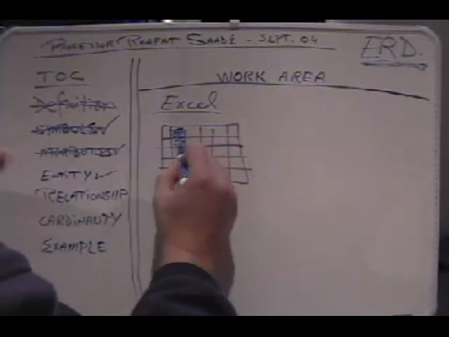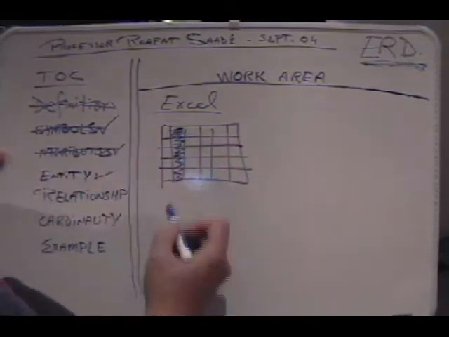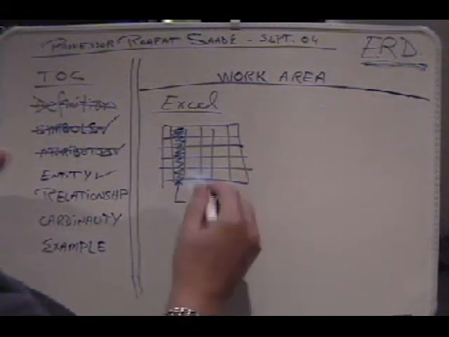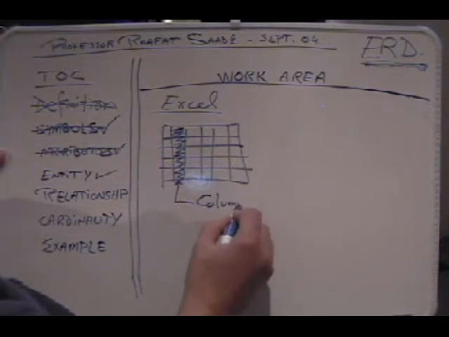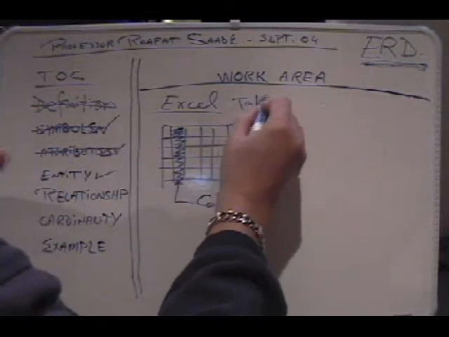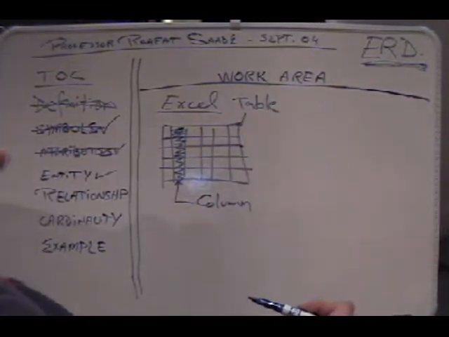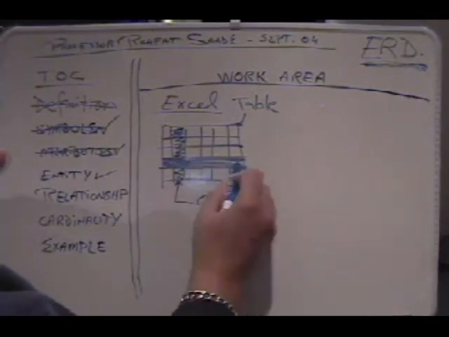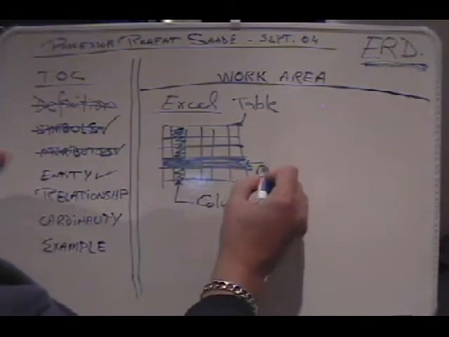A column in Excel is called a column in a table. This table is called a table. Okay? And the row in Excel is called a row.